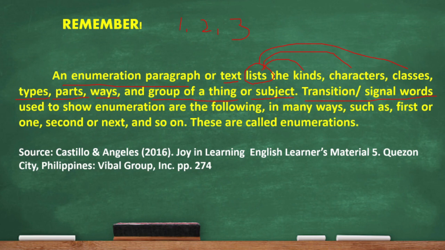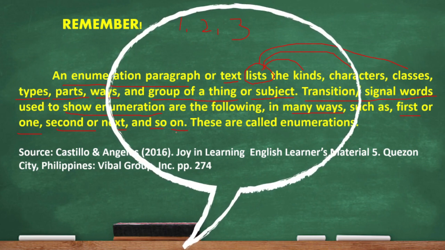Why do we use these transitional devices or signal words? It's for us to show enumeration. Many ways such as first, one, second, next, third. If you want to know more about these transitional devices, you may click the link in the description box. Remember, these things are called enumerations.